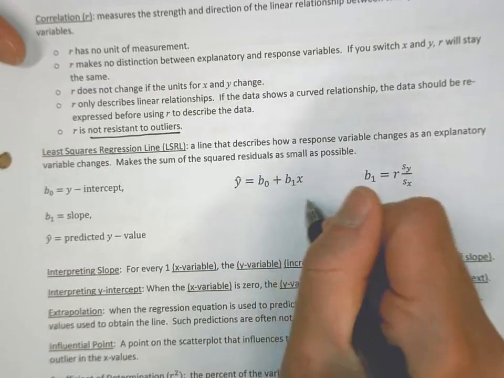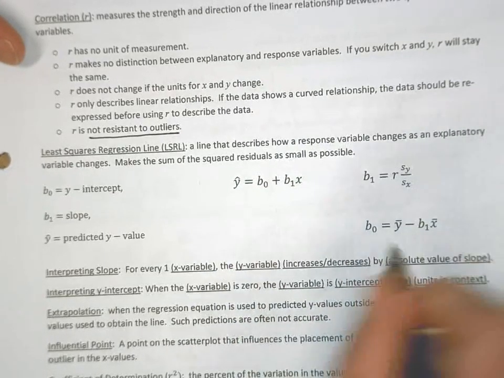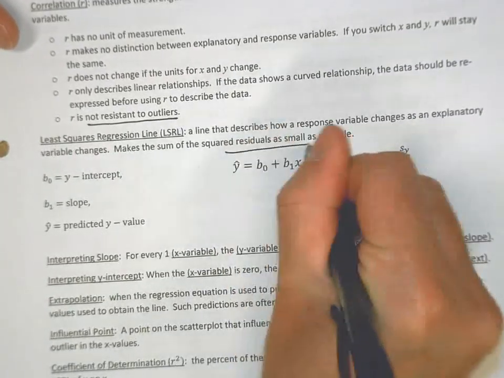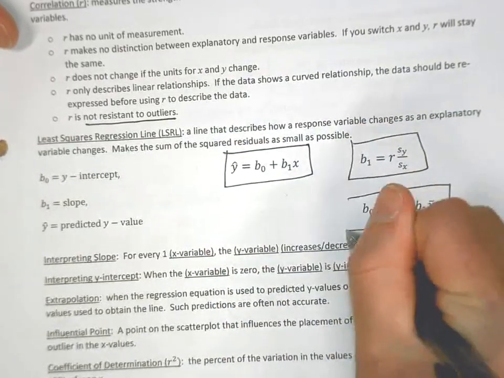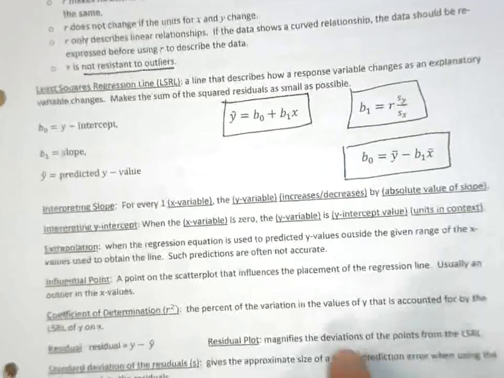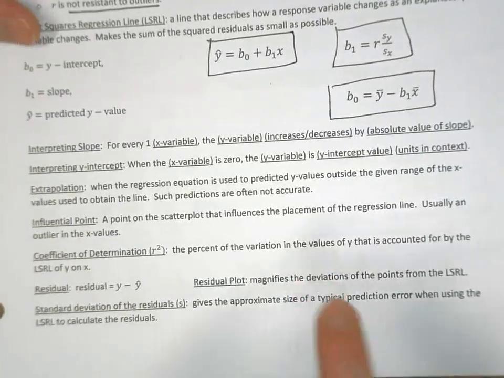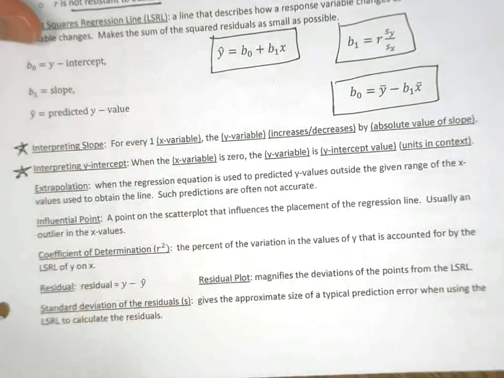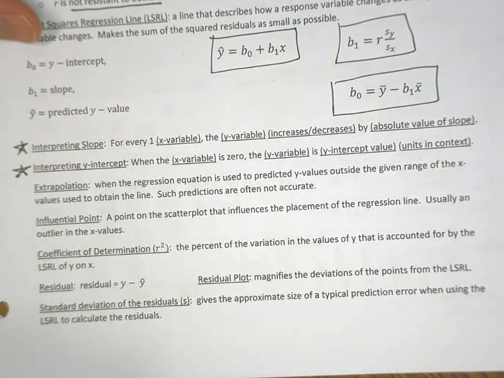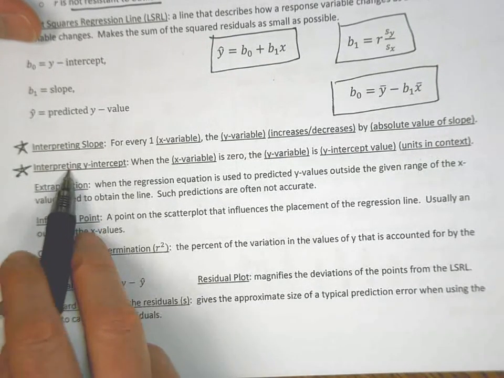The formulas that you get on the AP exam, the main 3 that you're going to use are these ones. So B sub 1 is your slope, B sub 0 is your y-intercept. How to explain interpreting your slope and interpreting your y-intercept, because that could be 2 parts of an actual FRQ.